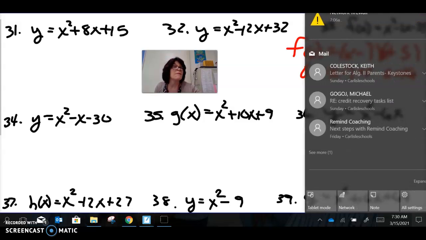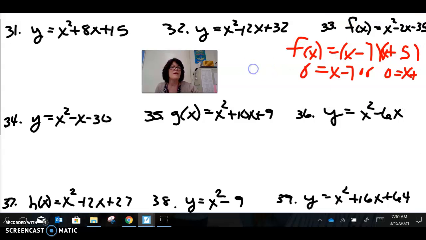So really we're doing the same thing over here. I'll add 7 and get x equals 7. Subtract 5 and get x equals negative 5. 7 and negative 5. And we knew that from back when we did graphing.